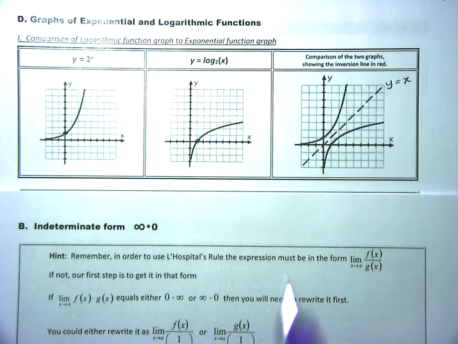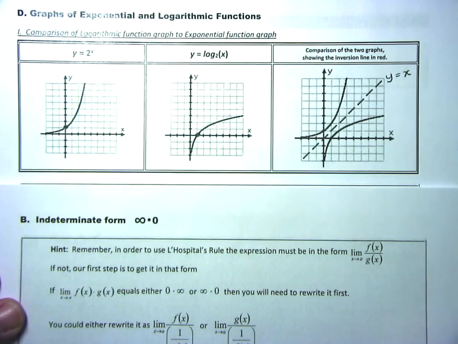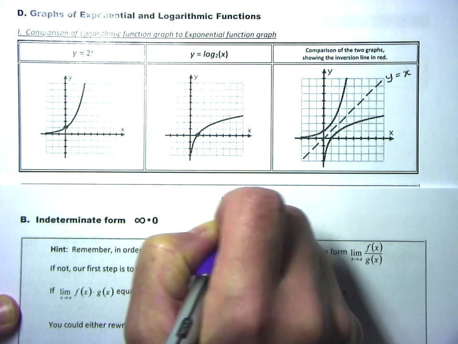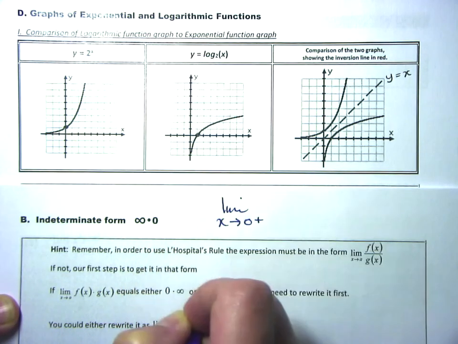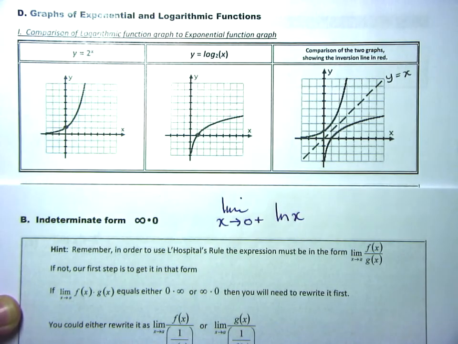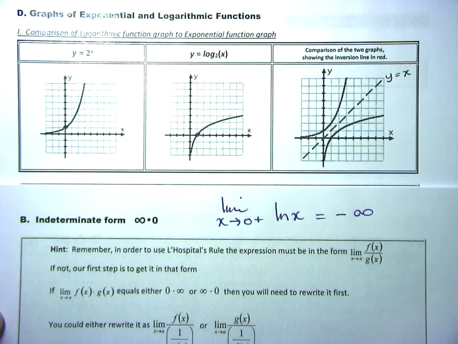Negative infinity, right? So here's something that I would say you pretty much need to go ahead and memorize. The limit as x approaches 0 from the right-hand side of log base a of x or the natural log of x is equal to negative infinity. This guy pops up quite frequently.